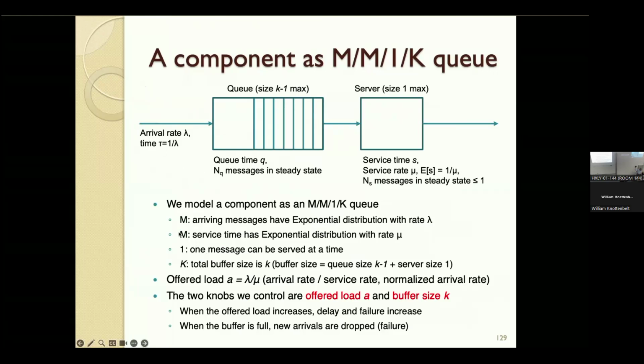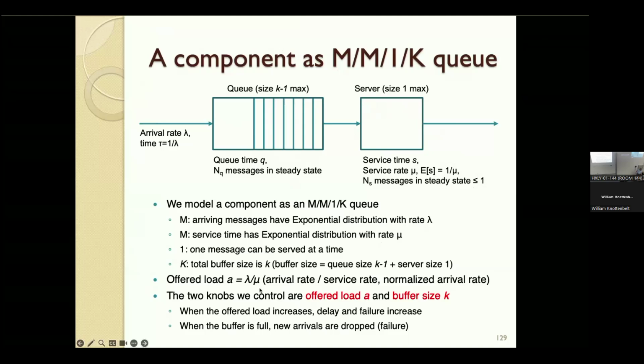The second M means the service time is also exponentially distributed with the rate mu. The 1 means there's only one server. It's a single core machine here. And K means the total buffer size is K, which means you have K minus 1 in the buffer and 1 in the server. So K in all.